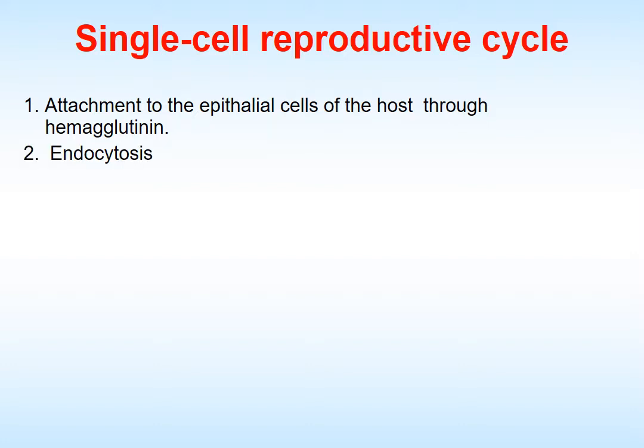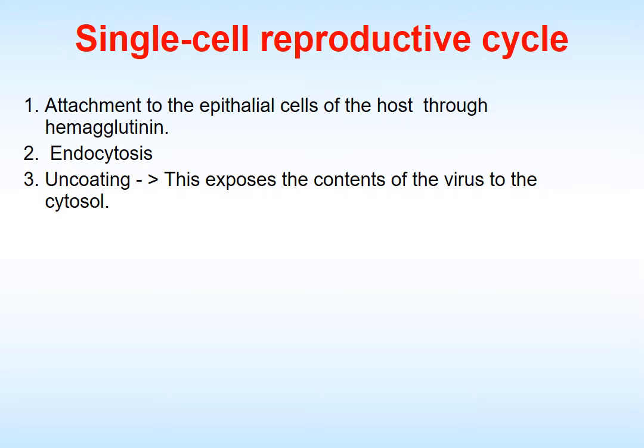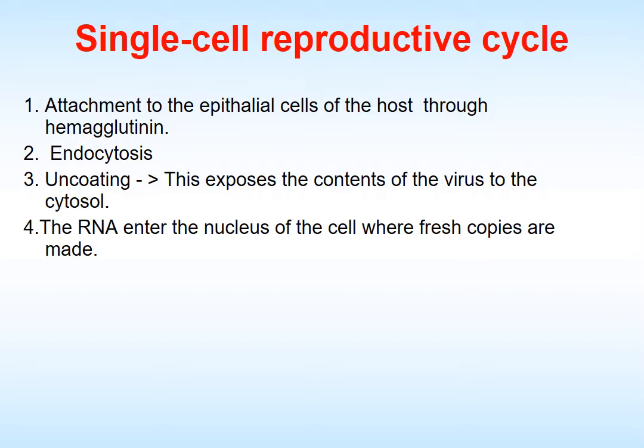On this slide you can see the process of reproduction of influenza virus. First stage, as usual, is attachment to the host cell, in this case to epithelial cells, using the spike protein hemagglutinin HA. After that, the next stage is endocytosis, then uncoating.